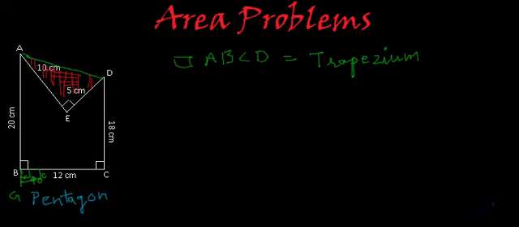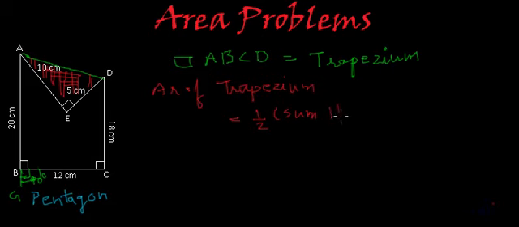So now let's first find the area of the trapezium. What is the area of the trapezium? Area of trapezium is equal to 1 by 2 sum of parallel lengths multiplied by height, right?